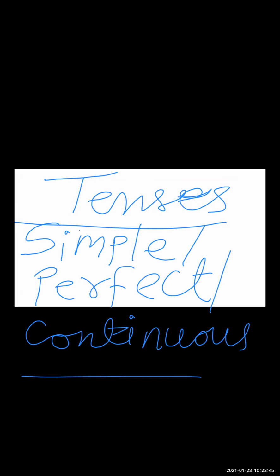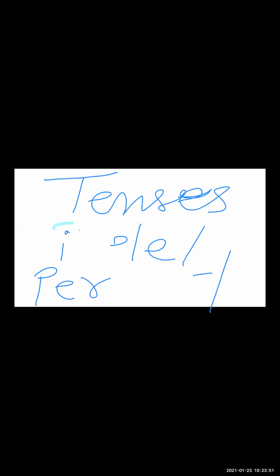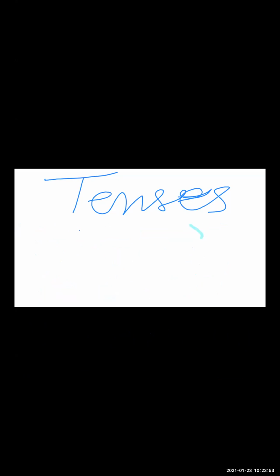Continuous. Okay, these are the tenses which we have seen. If you have any doubt, you can ask me right now. Okay, we are going to see a video which will give you a clear idea about the tenses.